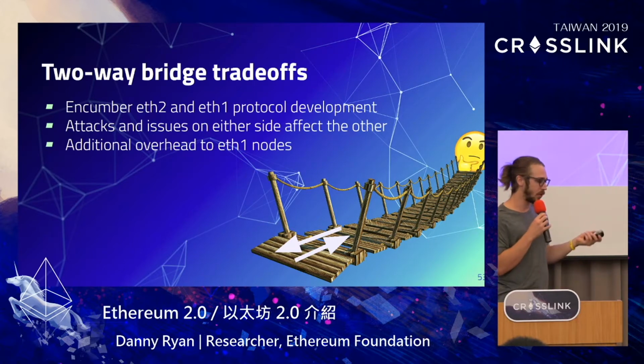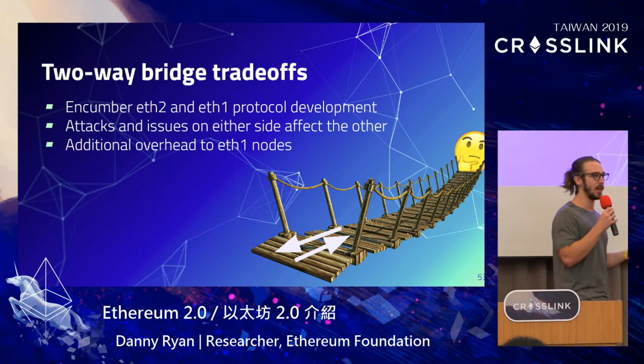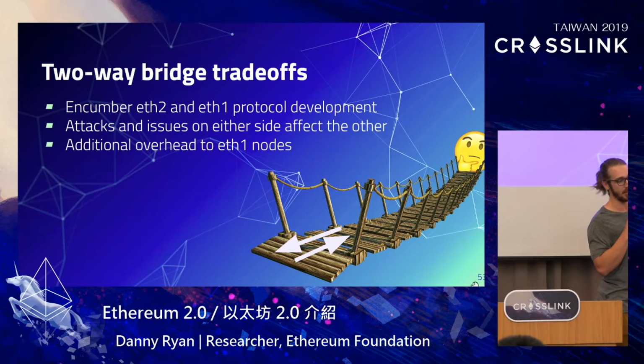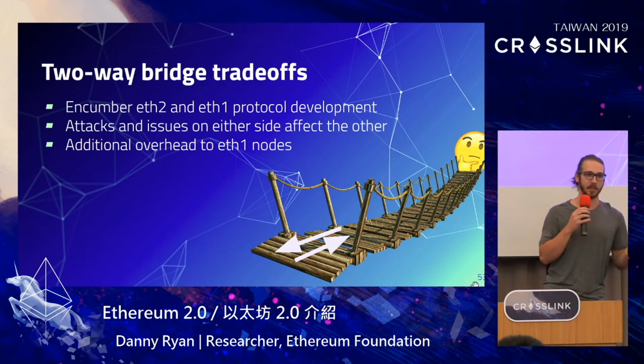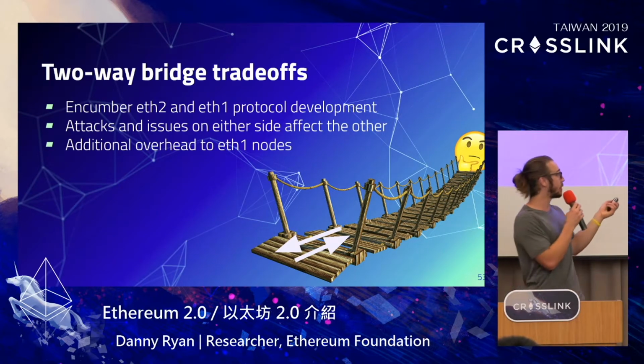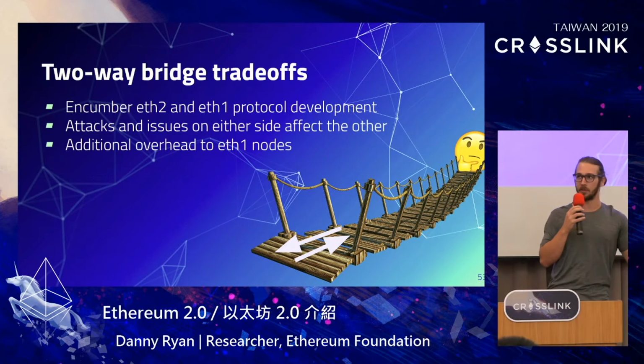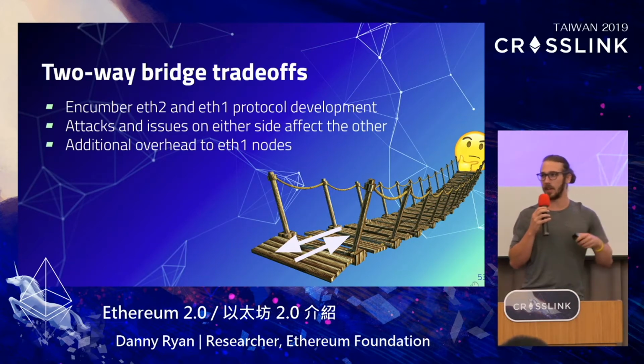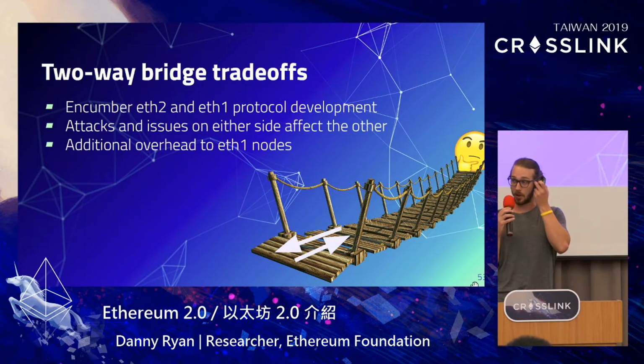ETH1 moves much slower than ETH2 at this point because there are a lot of concerns around the actual user base, and it takes a lot of coordination to get hard forks on our production network. So the sooner we tie these things together, we might potentially slow down ETH2 development in the forking cycle. There is also some additional overhead to ETH1 nodes, although the overhead of a validating beacon chain client is relatively low.